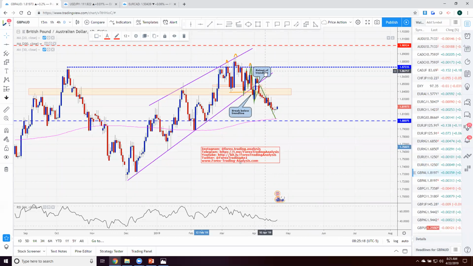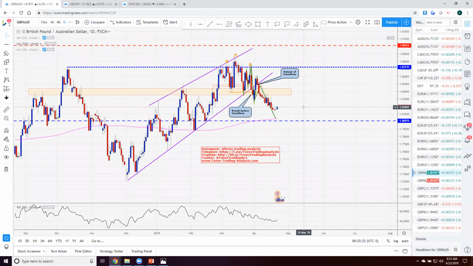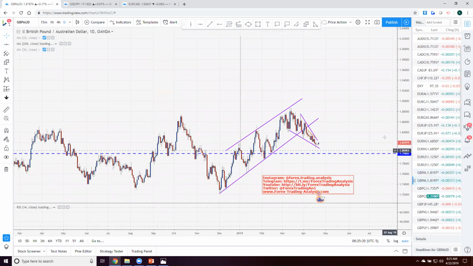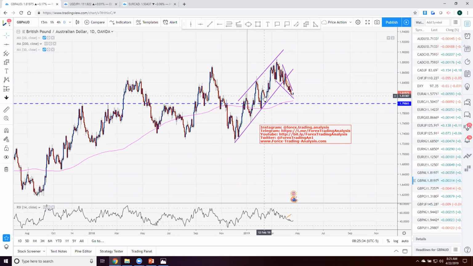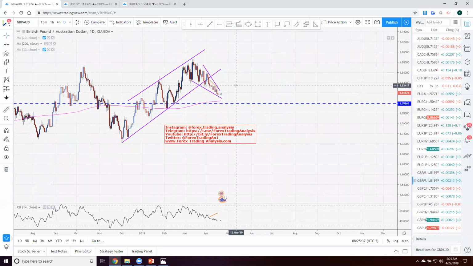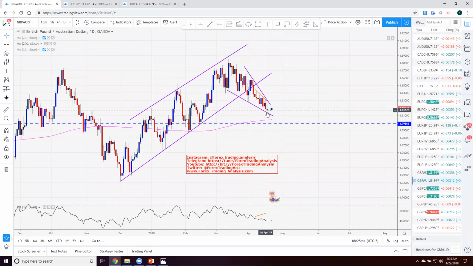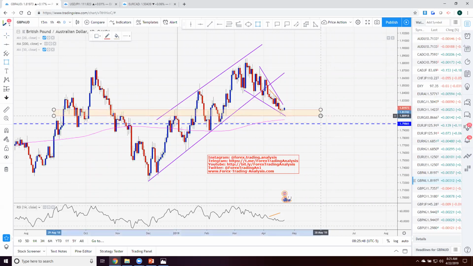So a lot of times you'll see these 4-hour comments and patterns shown on the daily. This one ultimately, we've got kind of a daily descending wedge here. It has reached this support zone.